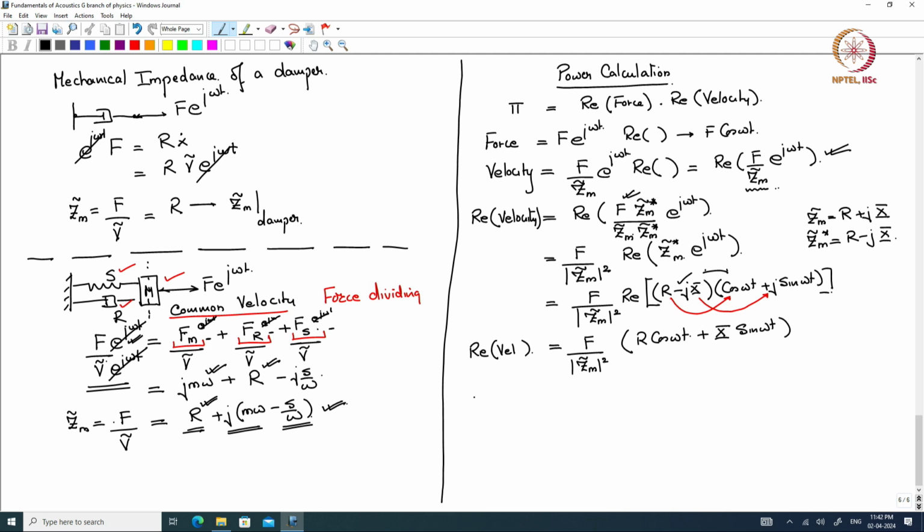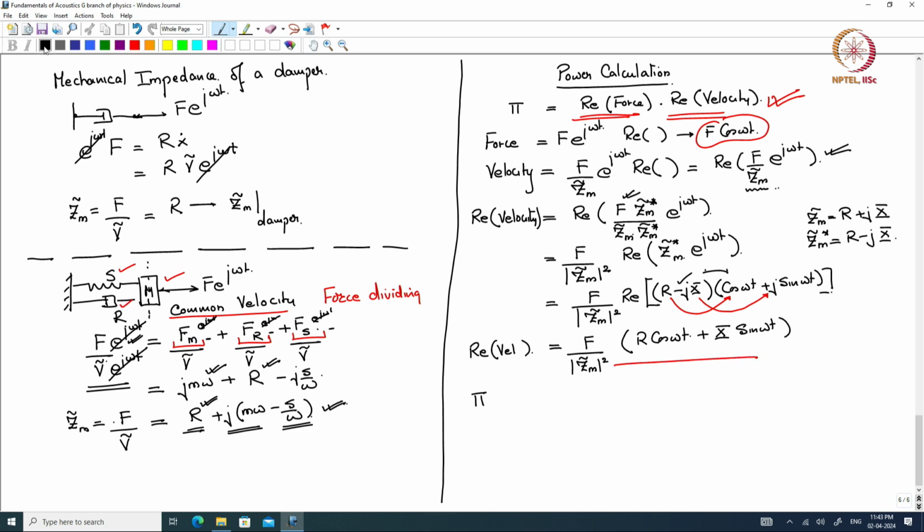So, now the instantaneous power from here: the real part of the force was written here, and the real part of velocity is written over here.